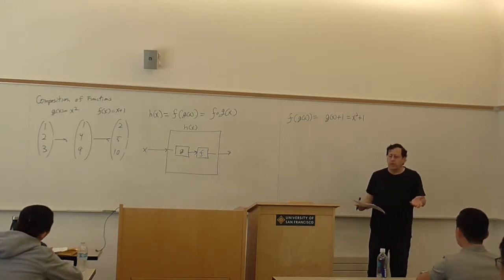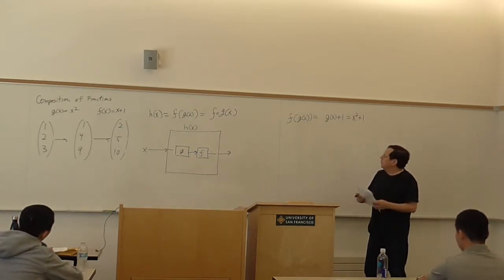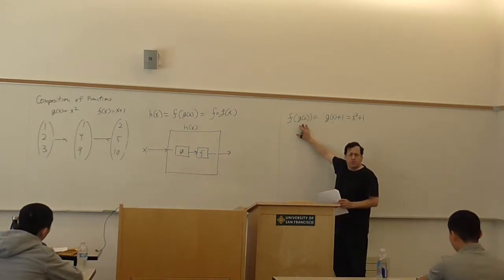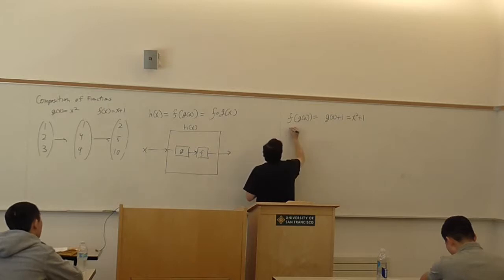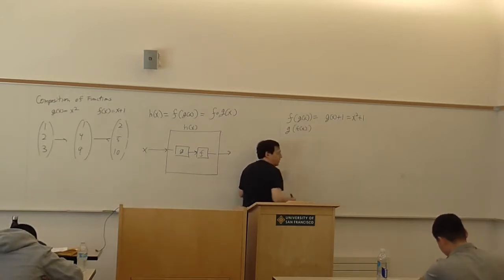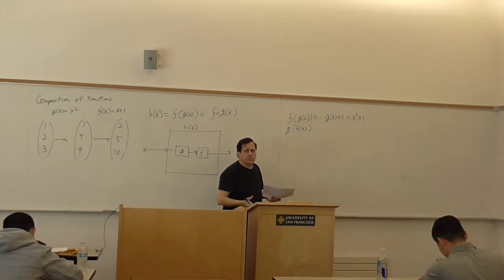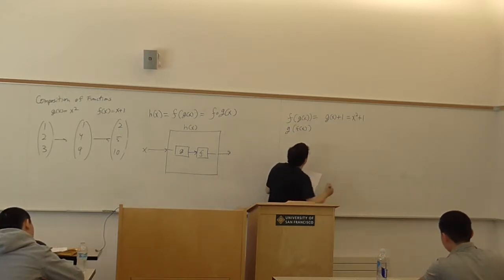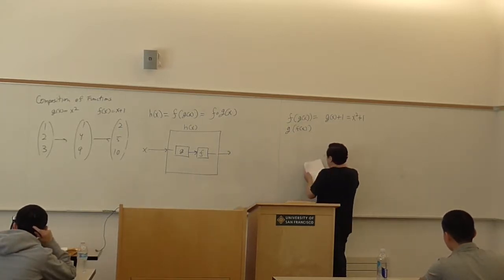This brings to mind an important point. You have to be careful that you don't do this in the wrong order. If I were to say g of f of x, that's a different function. It's a different composition. So what would that be?